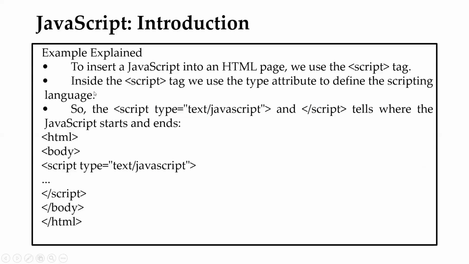To insert JavaScript into an HTML page, we use the script tag. Inside the script tag, we use the type attribute to define the scripting language. The script start tag and the end script tag is where the JavaScript starts and ends. The starting tag and ending tag tell the browser this is my scripting code inside the HTML document.